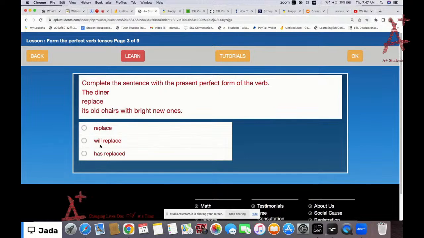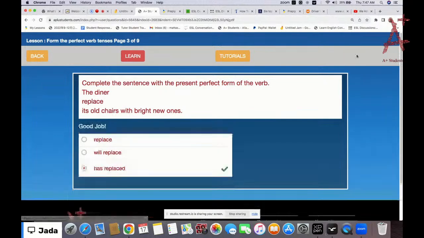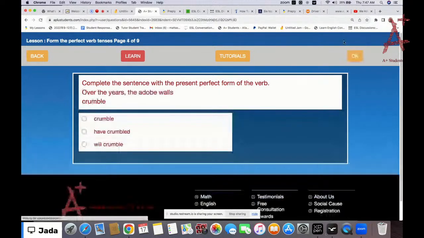Has replaced. Okay, so that's how it is. All you need to do is just attach the main verb with the past participle of it, and then you're gonna have your answers.